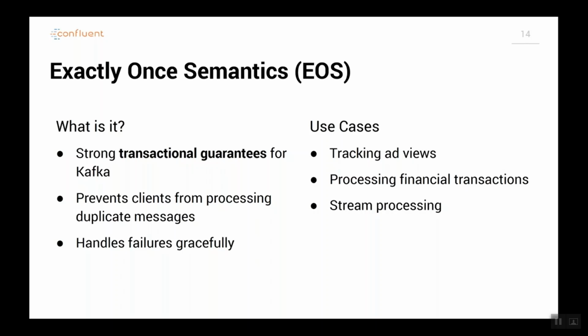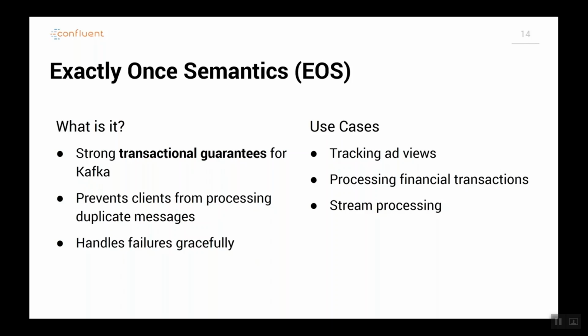And you can build applications, for example, that consume from a topic, process the data, and write results to another topic. We call this the consume, process, produce pattern, which is very common in Kafka, with an end-to-end transactional guarantee, where, for example, the consumer offset of the message that you're processing doesn't get updated until the results of that message processing are produced.